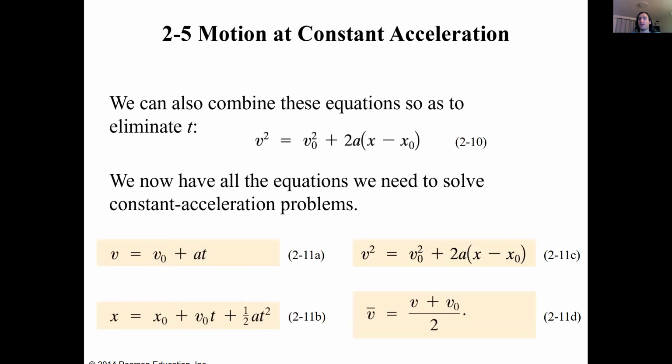Oftentimes you'll see this written as v squared equals v0 squared plus 2a times delta x, delta again meaning final minus initial. Again, we present this equation without derivation here. We'll derive it later in the course, I promise.